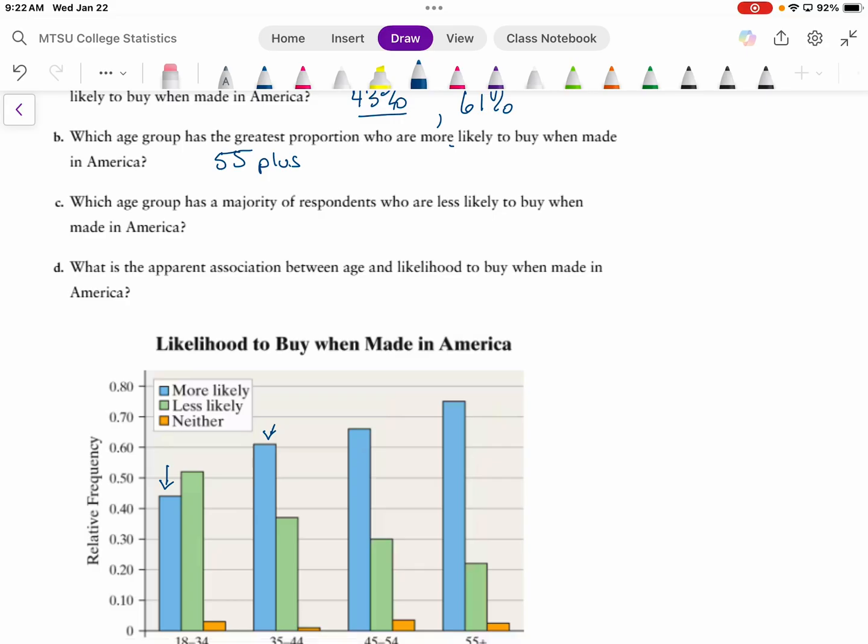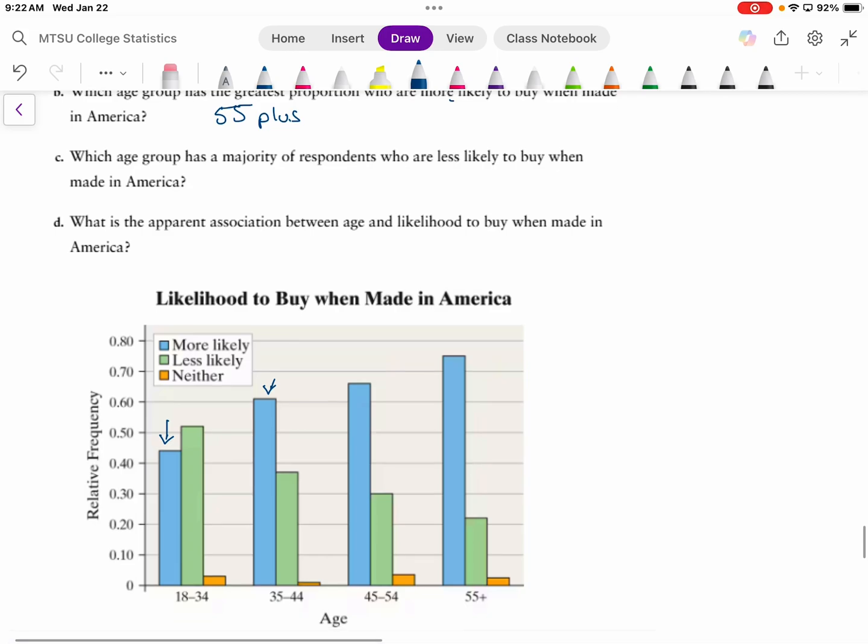Which age group has a majority of respondents who are less likely to buy when made in America?